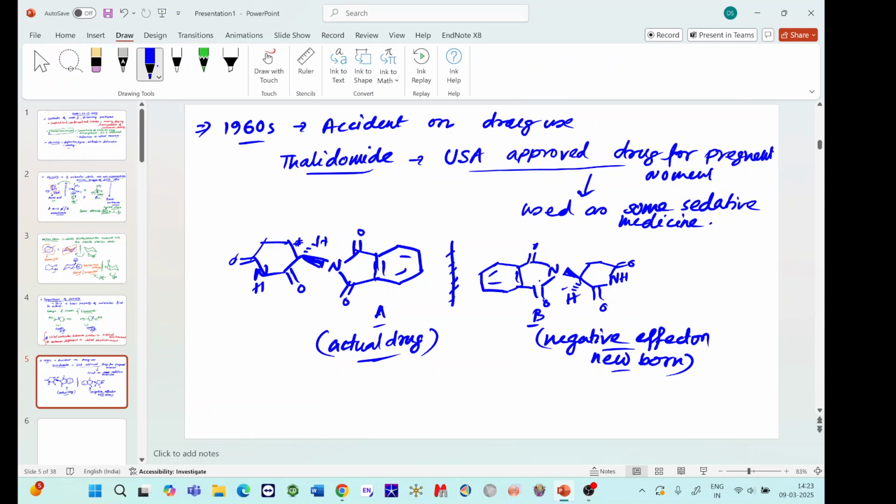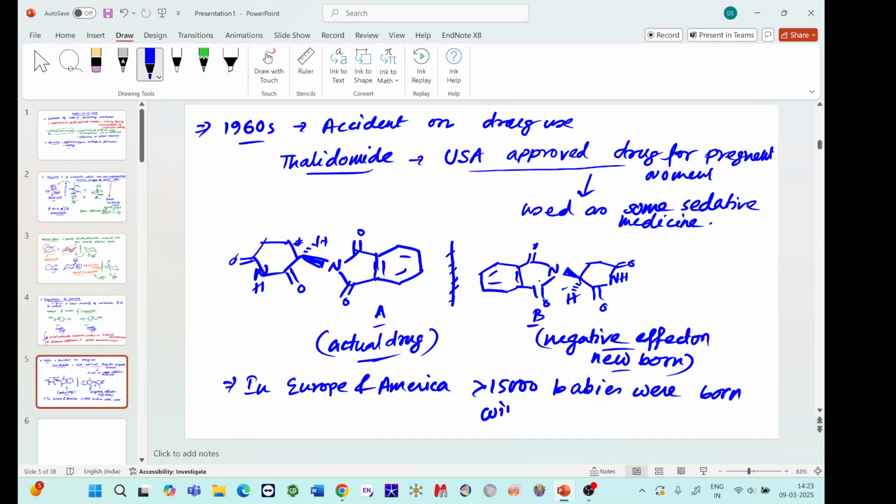So what happened in Europe and America, almost 15,000 babies were born with defects. So you can see it is a generation that got affected by this effect of the drug. It is one generation.